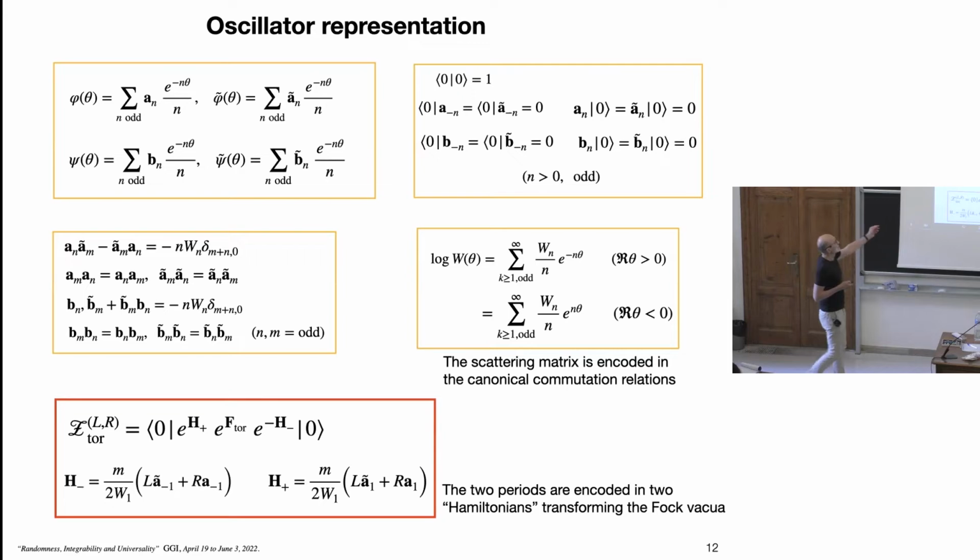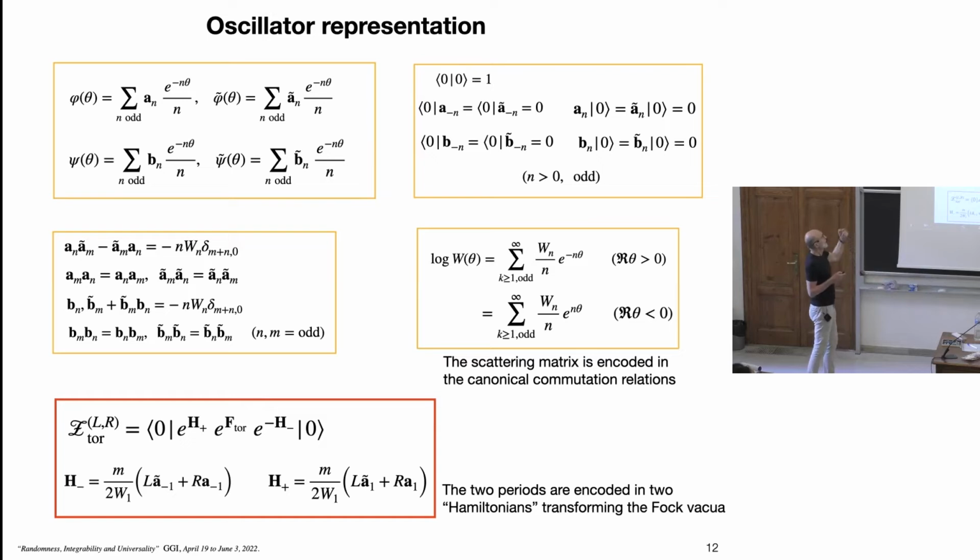We can use the expansion of the function W, the shifted S matrix, in the exponent of the rapidity, and then introduce these two sets of bosonic and fermionic oscillators.